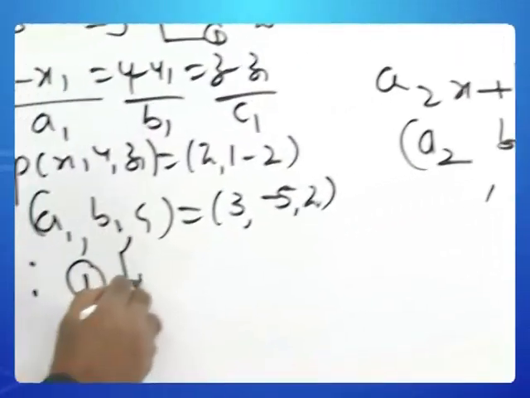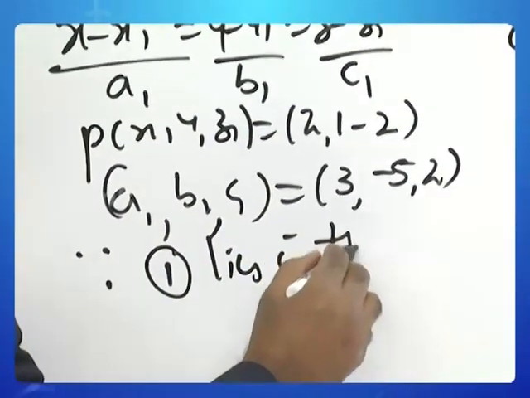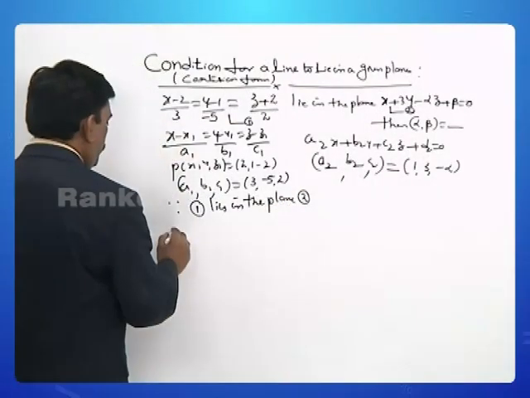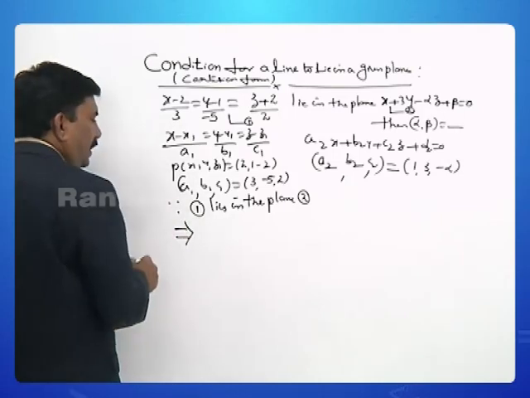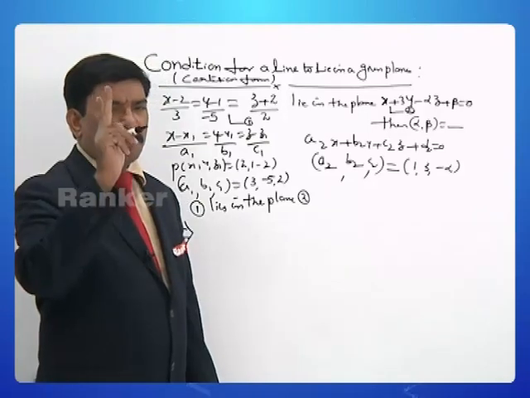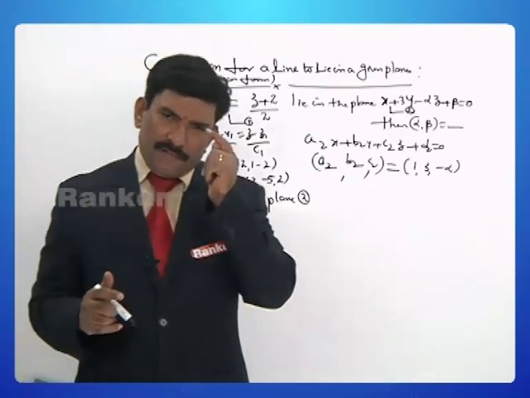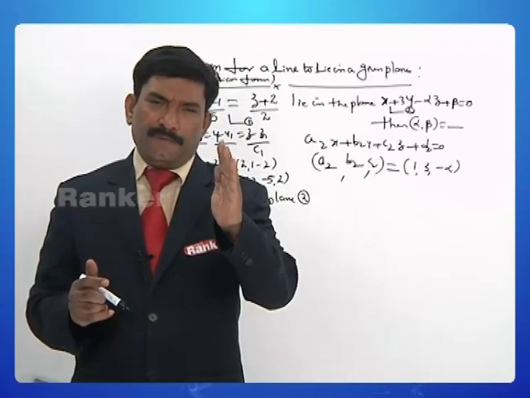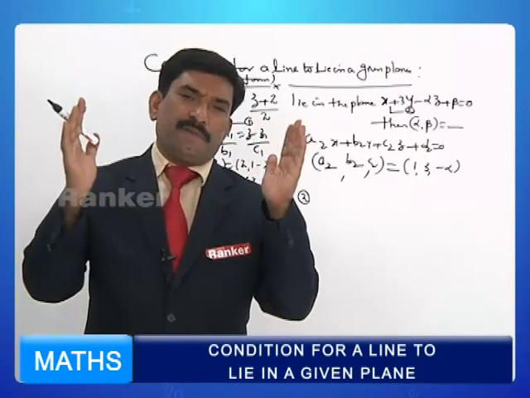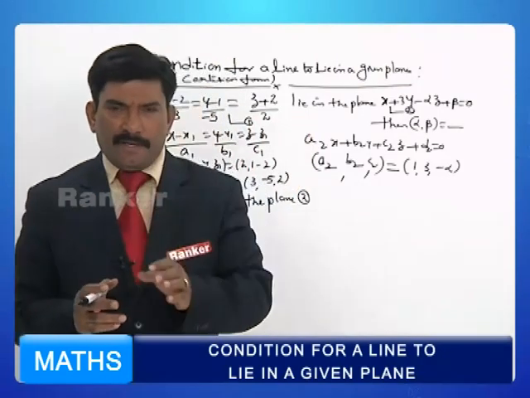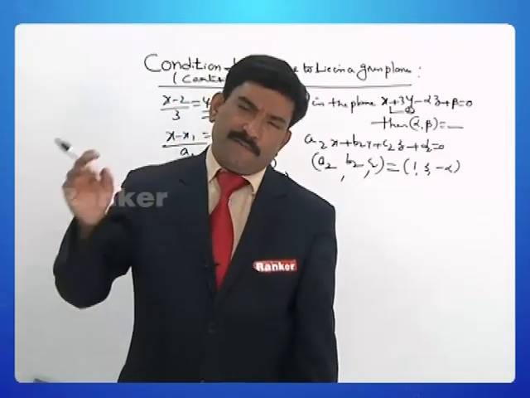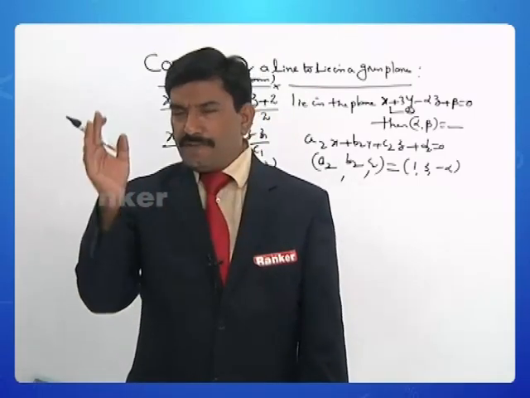Since 1 lies in the plane 2, it has to satisfy two conditions. One is a1 a2 plus b1 b2 plus c1 c2 is equal to 0. Next, a2 x1 plus b2 y1 plus c2 z1 plus d2 is equal to 0.